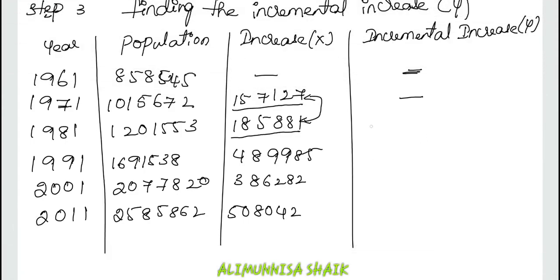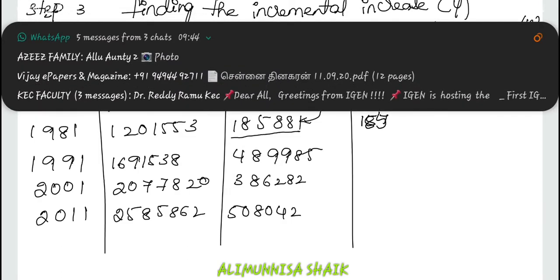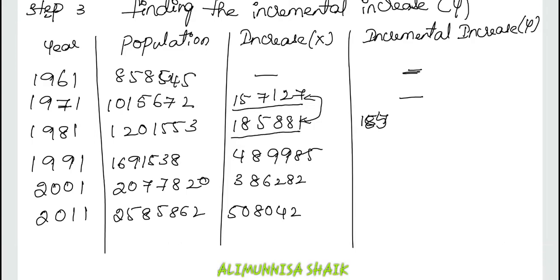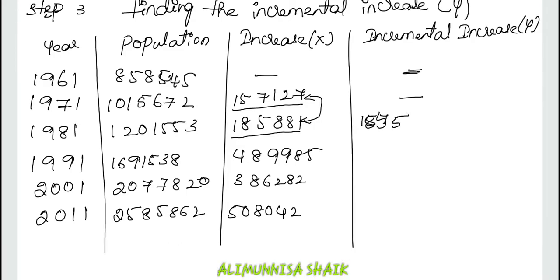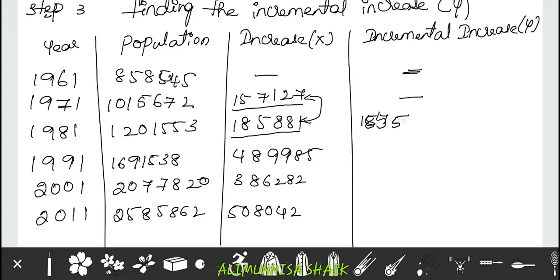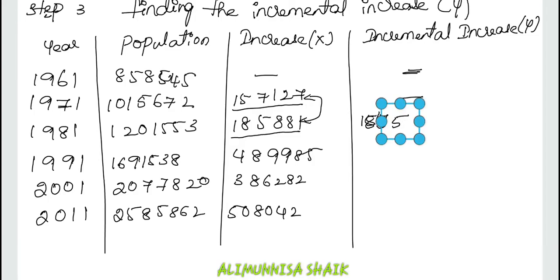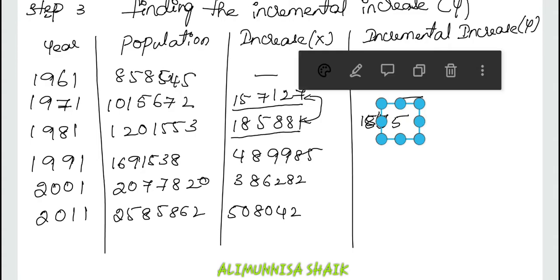So, that is 157121, sorry, it is 1855, sorry, it is 1855, just a minute.